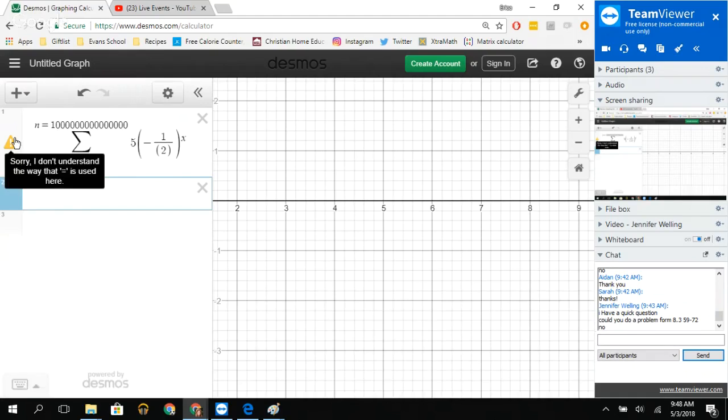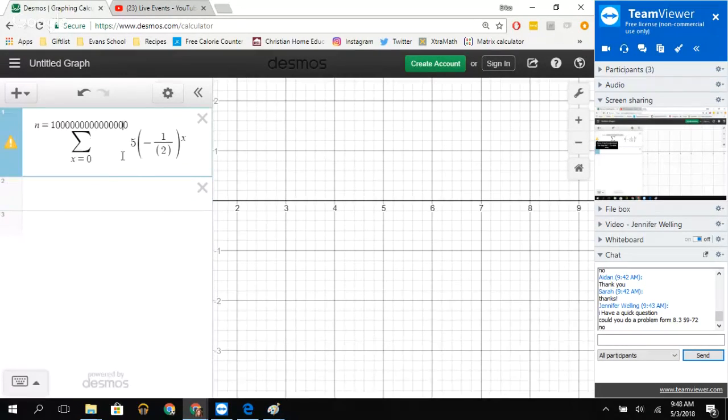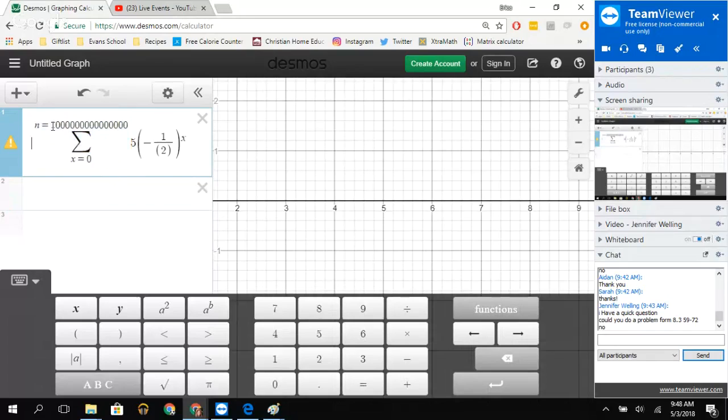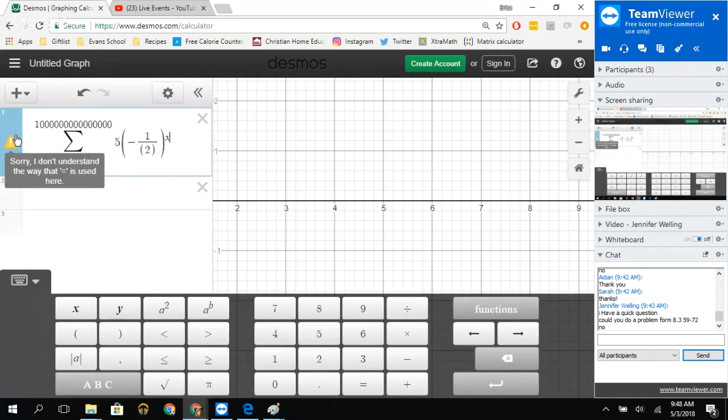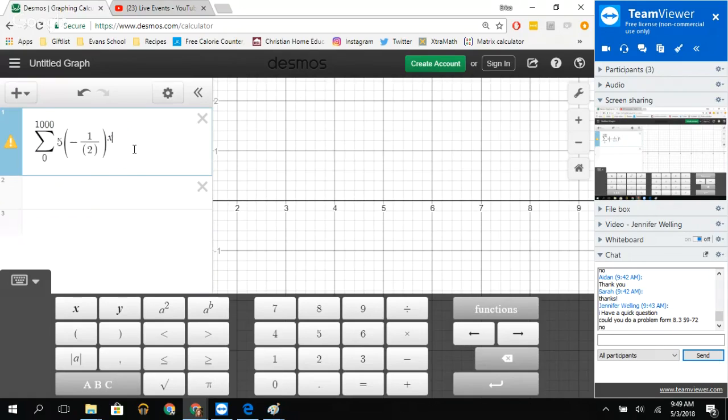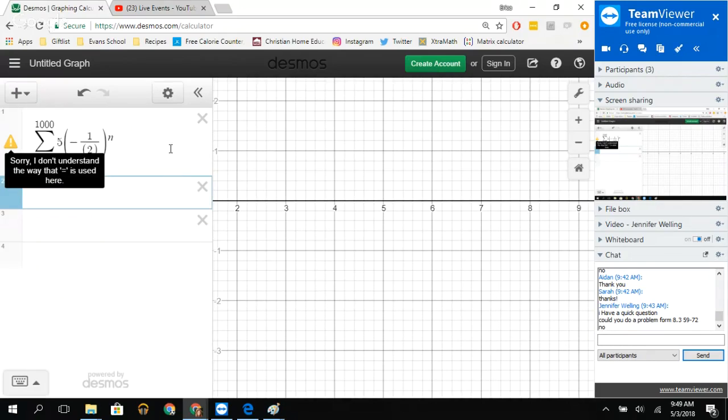Oh no, it didn't like it. Well, Jennifer, I was trying to figure out if I could do it on here. It just feels like I should be able to do it on here. Maybe it wants me to use n. All right, so I'm doing something wrong.